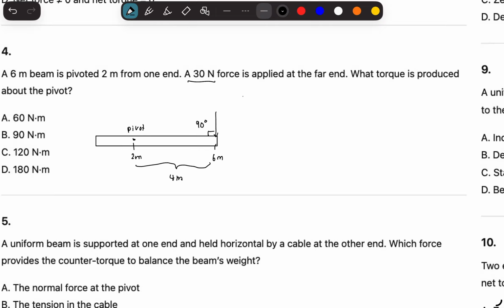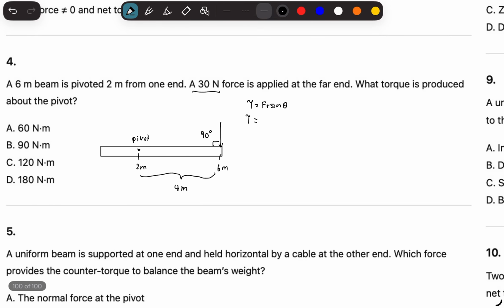So you have that torque is equal to F R sine of theta. So your force is going to be equal to 30. That's going to be C.